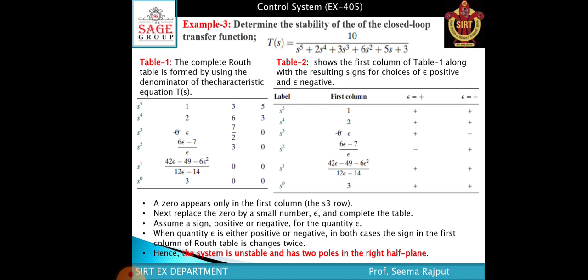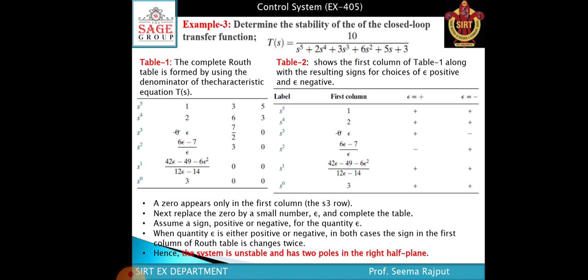So epsilon equal to positive: first, second, third are positive, and fourth is negative, and again positive, positive. And if epsilon is negative: positive, positive, negative, positive, positive, positive.